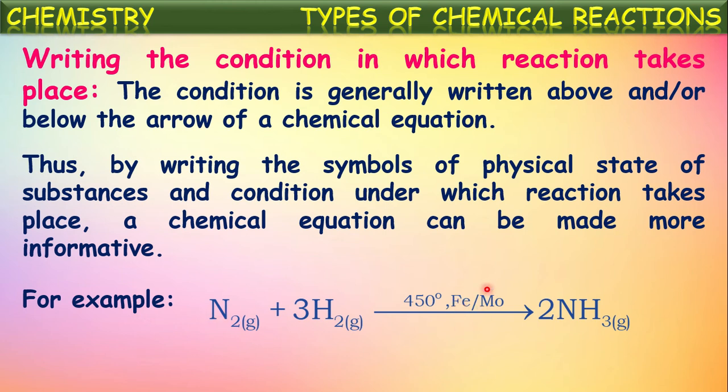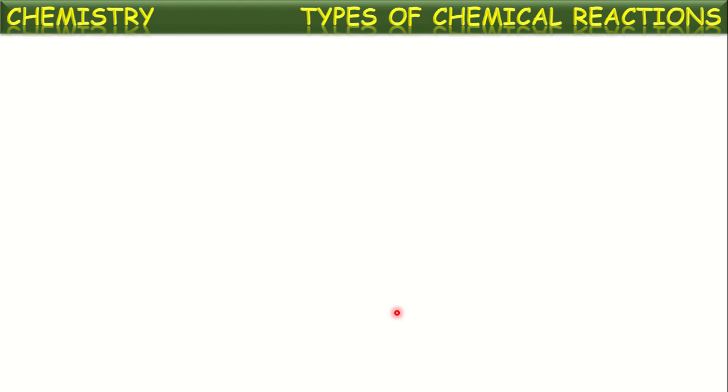It will remain as it is after the reaction also. So these are the additional informations given in a chemical equation. The physical states and the conditions under which this reaction is taking place are understood by writing this information on the arrow mark.